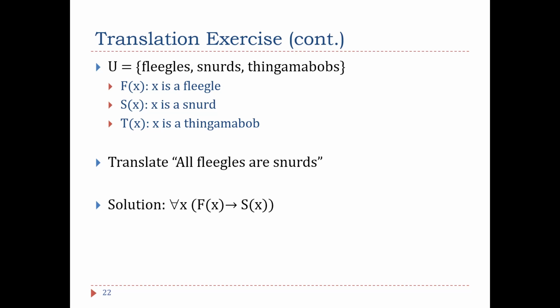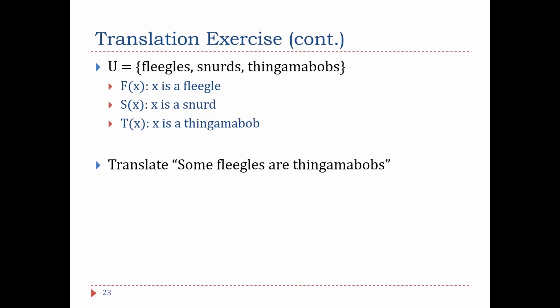Good. Some flegels are thingamabobs. So you can find certain x's such that... okay, so we don't use an implication. What if we write, there are some elements for which f of x implies t of x?